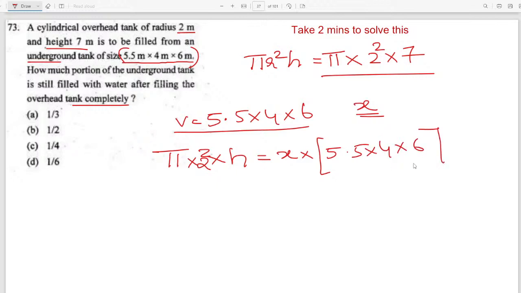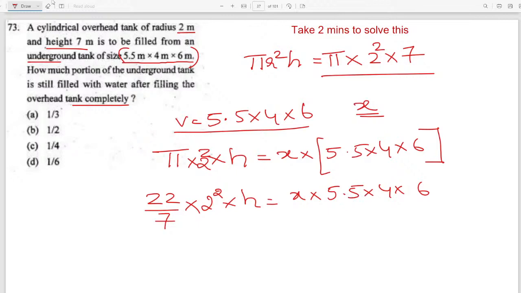This is the volume of water, and x. So pi can be written as 22/7 into 2 square, h, equal to x into 5.5 into 4 into 6.